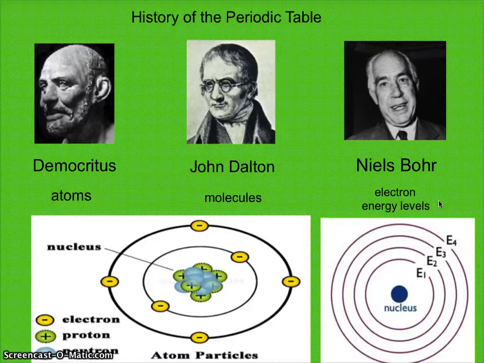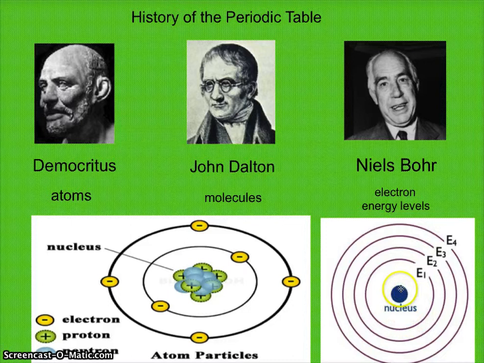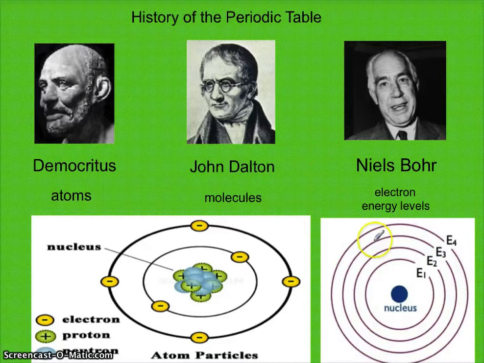These energy levels, well, it takes energy, according to Niels Bohr, for electrons to move to the outermost level. Well, here's what I'm talking about. Here you have the nucleus, which has the protons and the neutrons. And the electrons out here, you have more than one level where the electron could be.